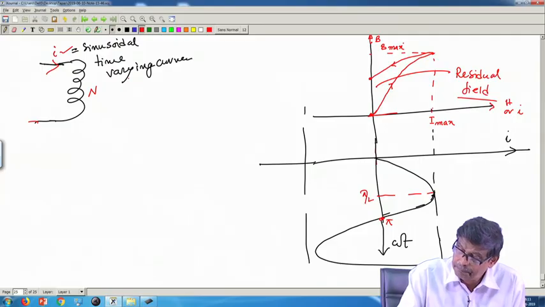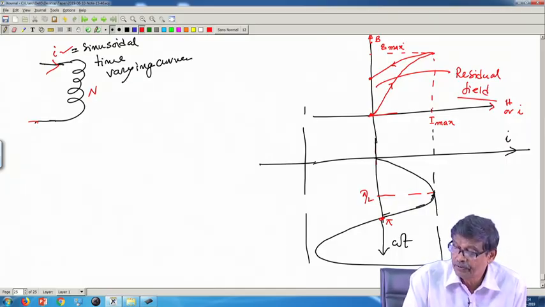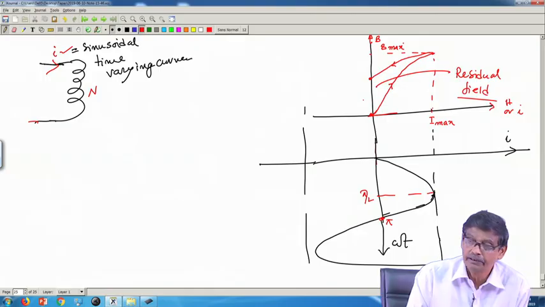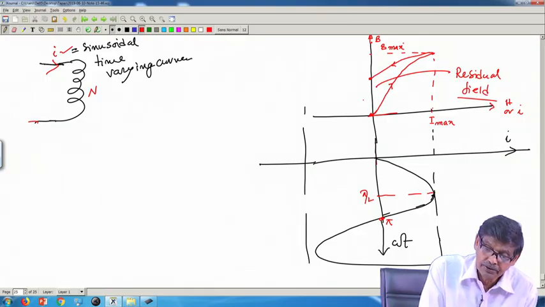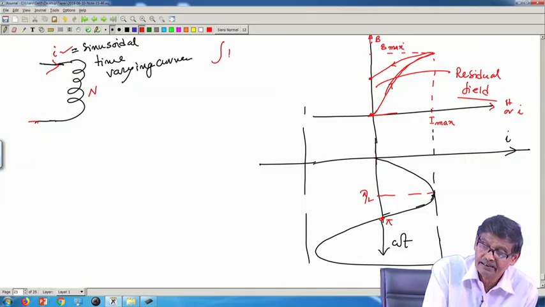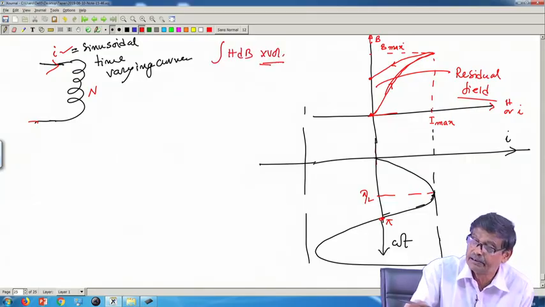This positive pulse of the current, let us talk about. Okay. When the current increased from 0 to I max, how much energy have I supplied to the coil? I know the energy supplied to the coil is the area between this curve and the ordinate, integral H dB into volume, is it not energy supplied?